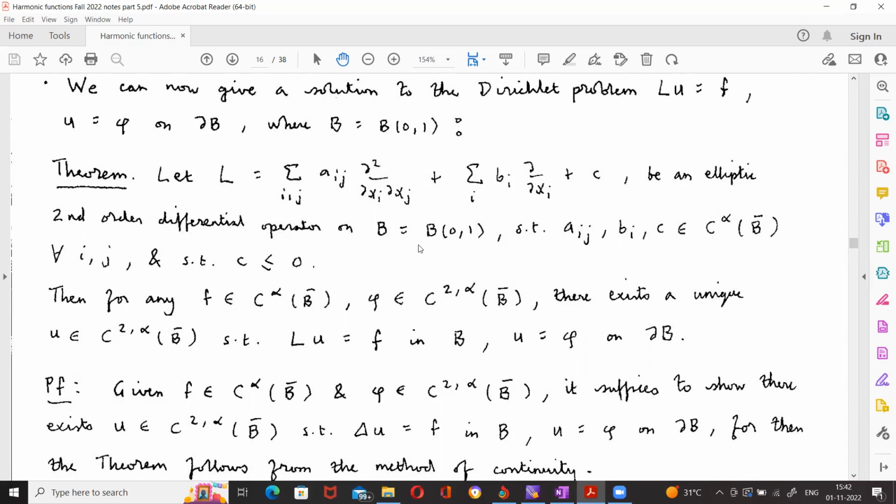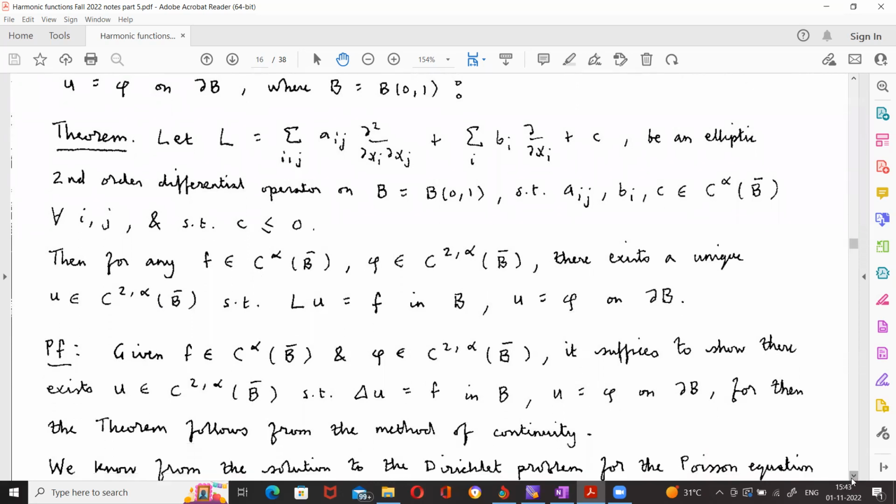We're just doing this for the unit ball, not for a general domain. Then for any F in C alpha of the closed ball and phi in C2 alpha of the closed ball, there exists a unique U in C2 alpha of the closed ball such that LU is F in B and U is phi on the boundary of B.